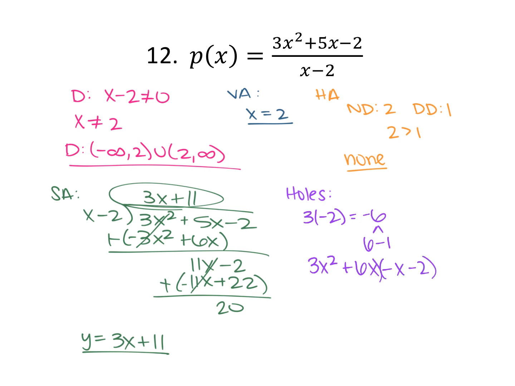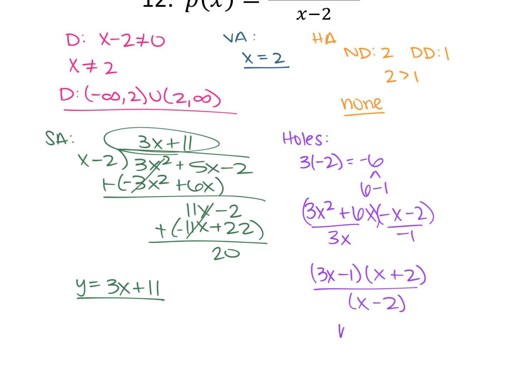And factor this by grouping. We factor out a 3x and a -1 to give ourselves 3x minus 1 times x plus 2, all over x minus 2. Now this does not have anything that is the same on the top and the bottom, so our holes are none.